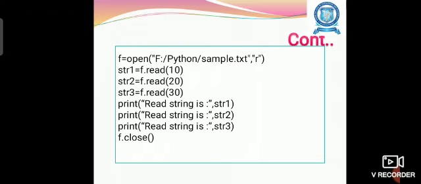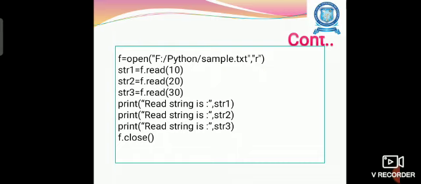So we have read the contents from the file, taken them into our program, and saved them into different variables. Three times we have applied the read operation, and as a result the contents are stored into different string variables.